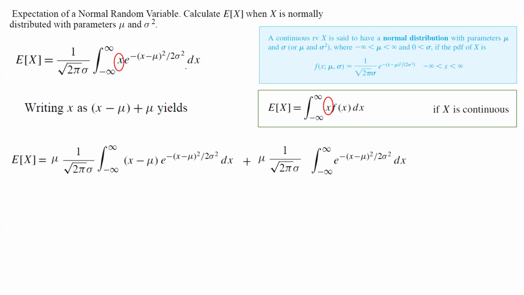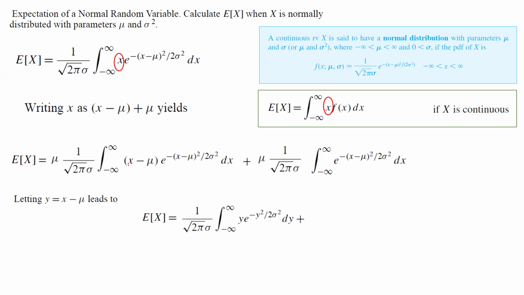Let us make it easier to read by using a nice substitution. Wherever we see x minus mu, we're going to use y, so we can analyze the first integral a little bit better. So when you write x minus mu as y, the first integral becomes 1 over square root of 2 pi sigma, the integral of y times e to the power negative y squared divided by 2 sigma squared.